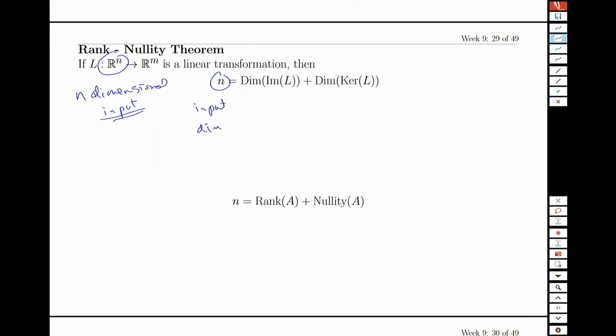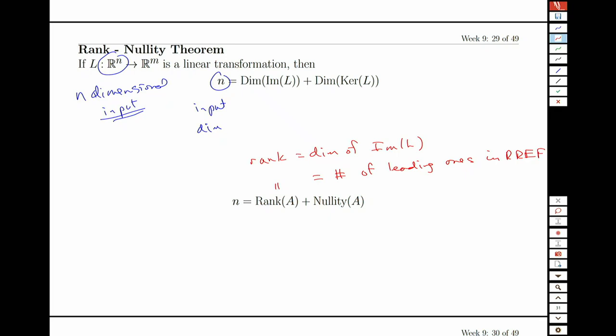And sometimes we can give those two things a name. The rank is equal to the dimension of the image. And actually, more typically, it's used as the number of leading ones in RREF.